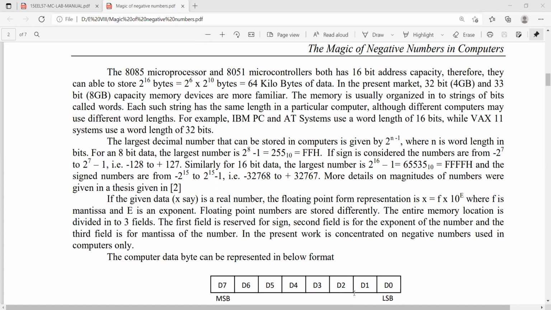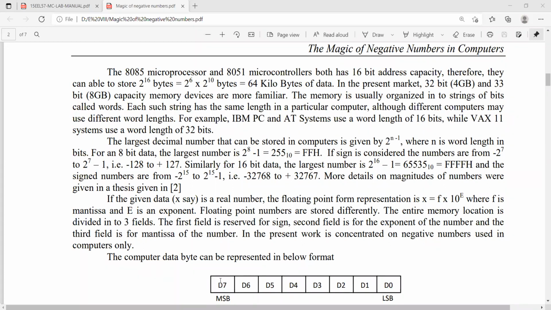So 00 to FF are positive numbers when the sign is not considered. If sign is concerned, only 00 to 7F are the positive numbers, that is 0 to positive 127.